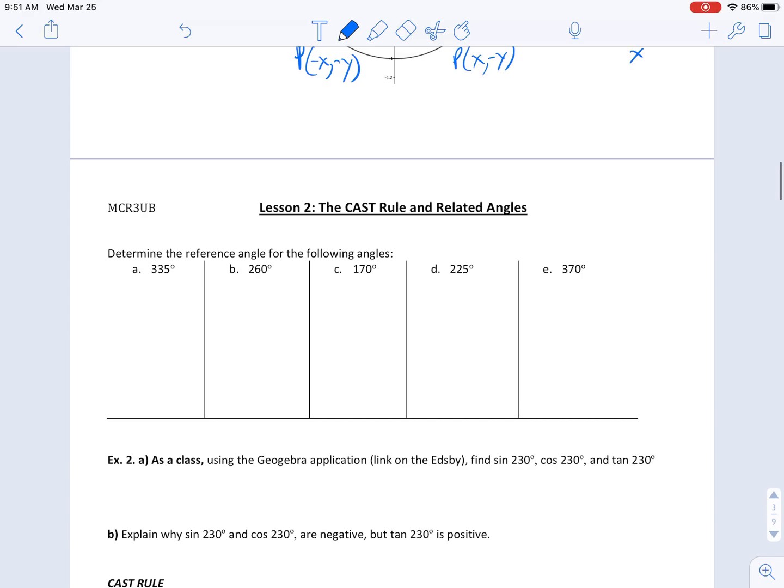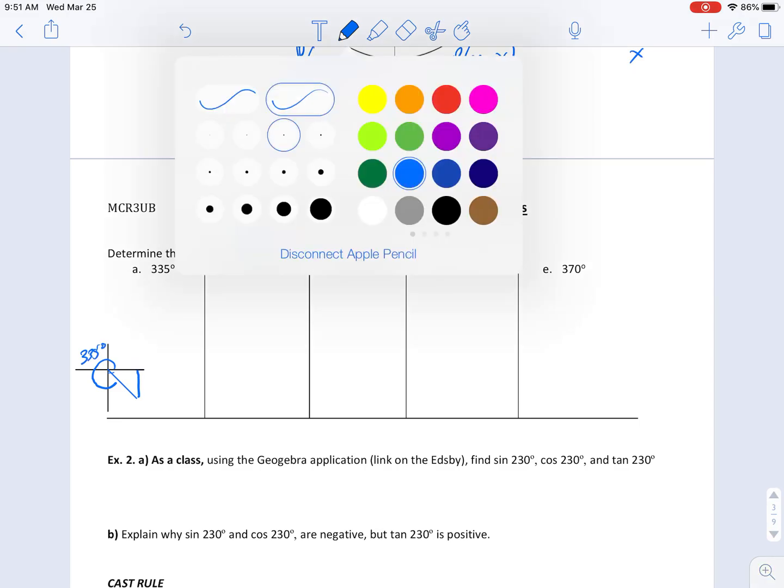So let's determine the reference angle or the related acute angle, which is alpha, for these angles. So let's just sketch them. If I draw 335 degrees based on an angle in standard position, that means I'm going to draw it from the x-axis, rotate it around, and it's going to end up in this quadrant. So this is 335 degrees.